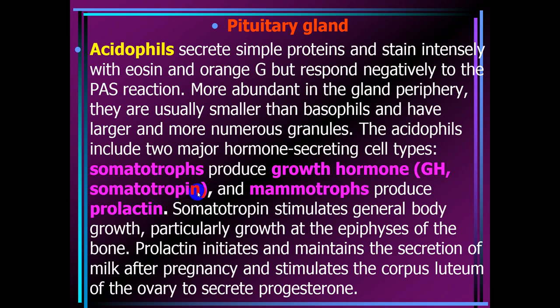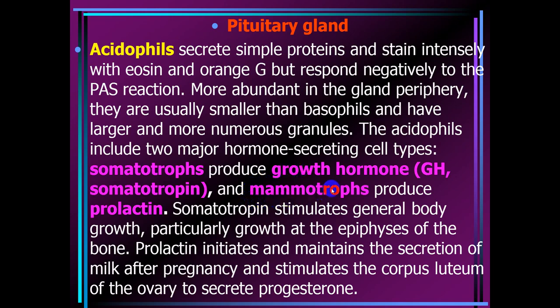The second group of cells produce prolactin and are named mammotrophs. Under the light microscope, it is very difficult to separate one type of acidophil from another, but it is possible under the transmission electron micrograph.